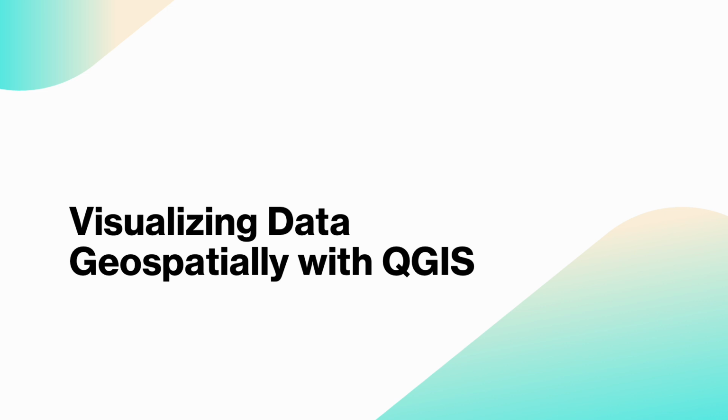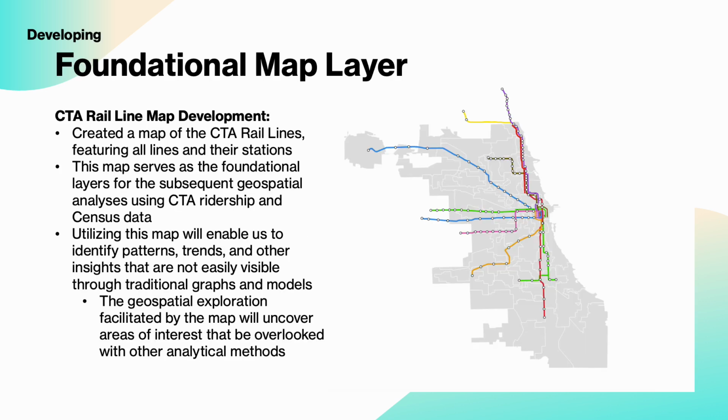Hello, so I will be discussing how the data was visualized geospatially with QGIS. The first step in this process was developing a foundational map layer, and this was done by mapping out the rail lines and their stations for the CTA rail line.